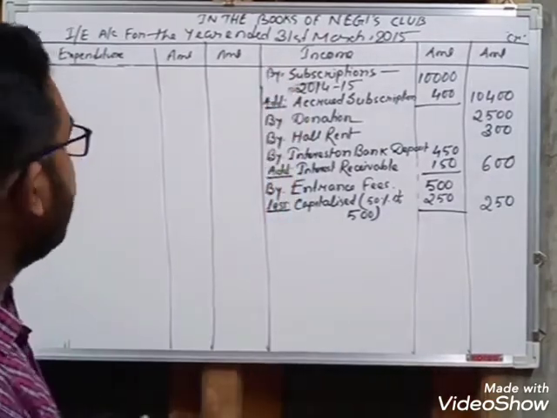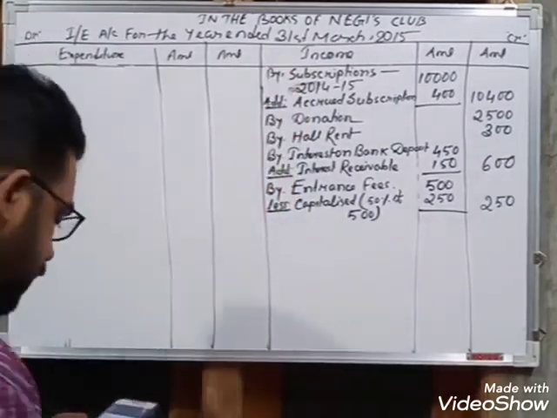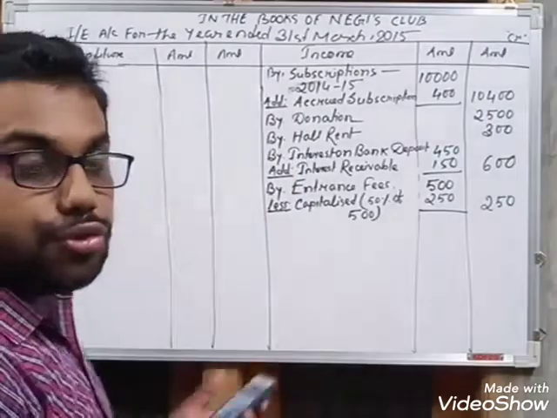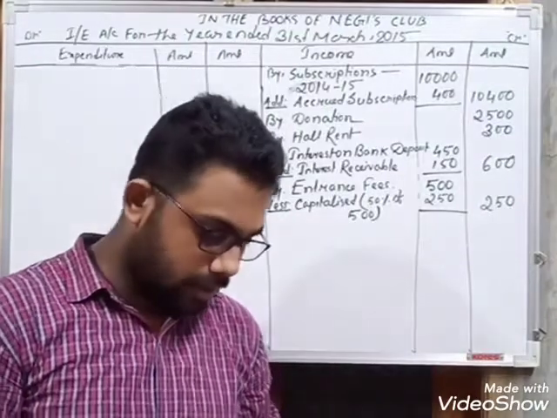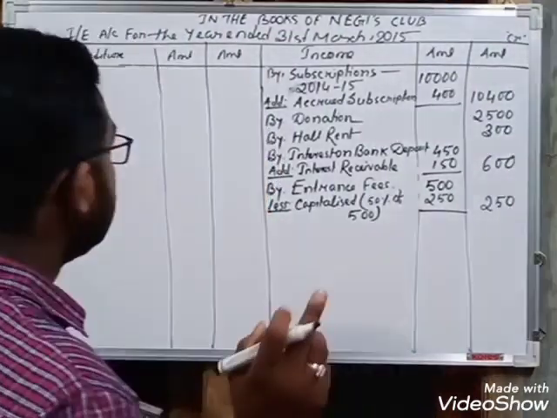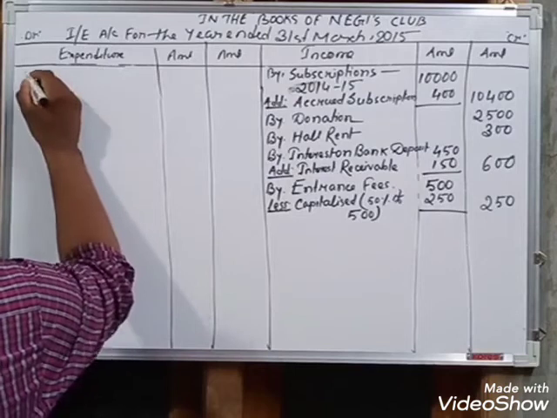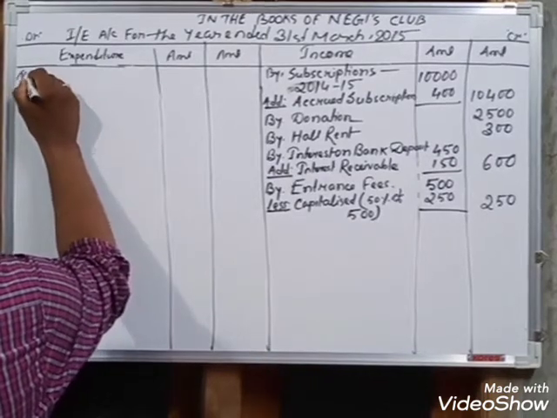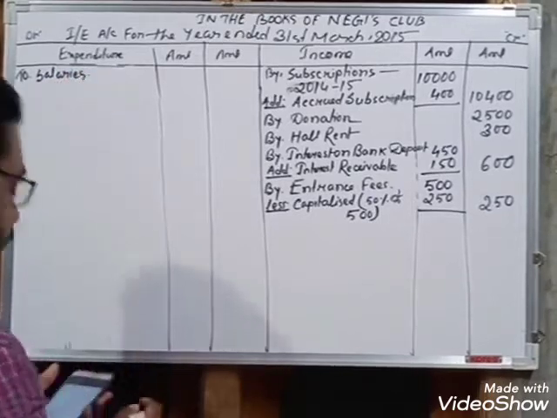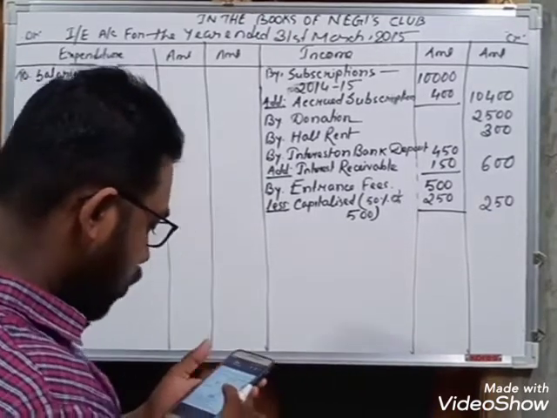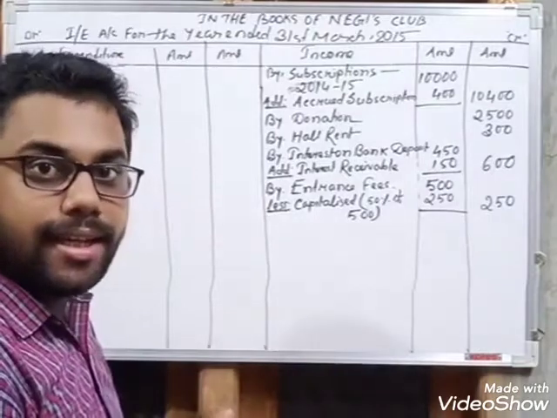Now we have to find out the expenditure. So what is the first expenditure? Purchase of furniture. It is a capital payment, but in that depreciation is our expenditure. So next one is the salaries, and depreciation will be provided at the last. To salaries. Is there any adjustment regarding salaries? Yes, adjustment number 1, rupees 1500 is outstanding salaries.